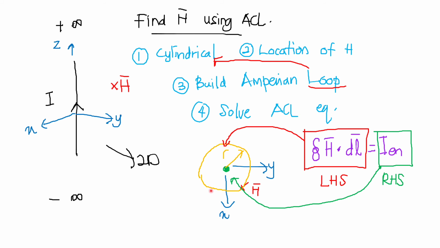I repeat, the left hand side equation we relate with the shape of the loop, while the right hand side equation relates to the current inside this loop.